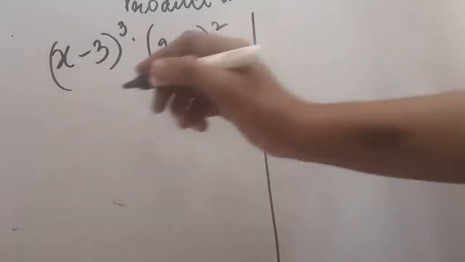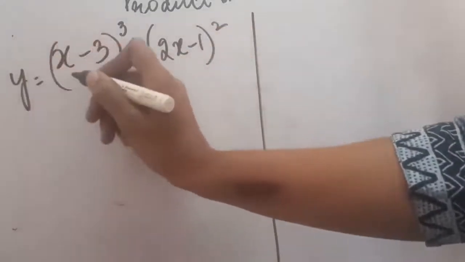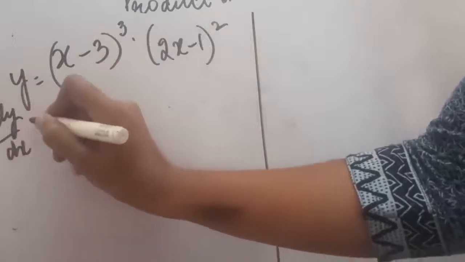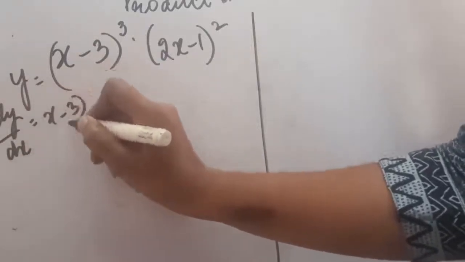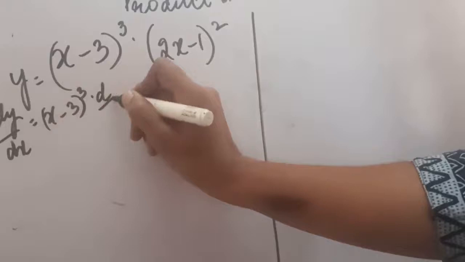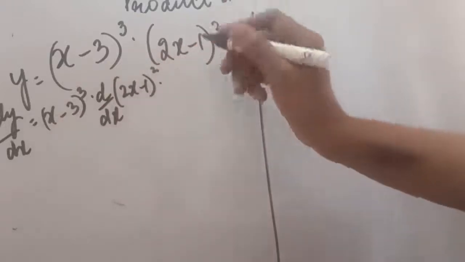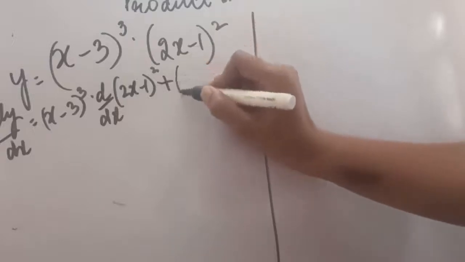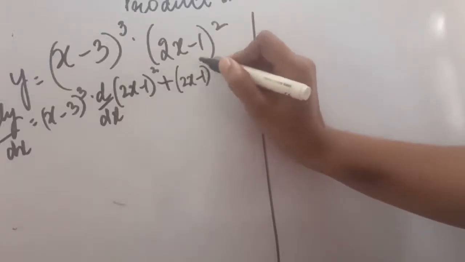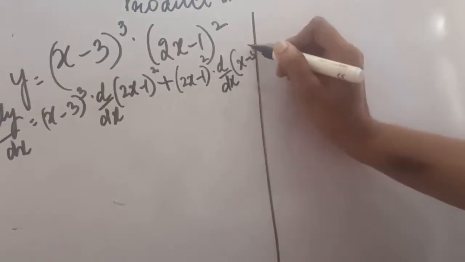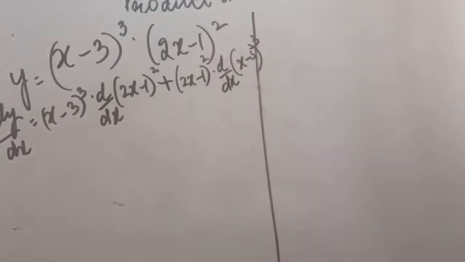In this question also we have to take the derivative, so directly we will apply the product rule over here. So dy upon dx is u, this is the same, into the derivative of (2x−1)², plus (2x−1)² into the derivative of (x−3)³.